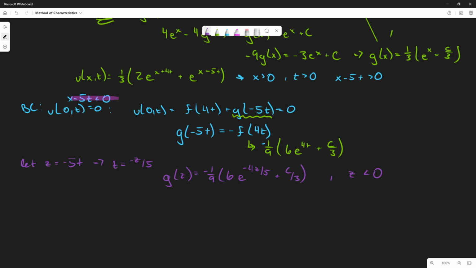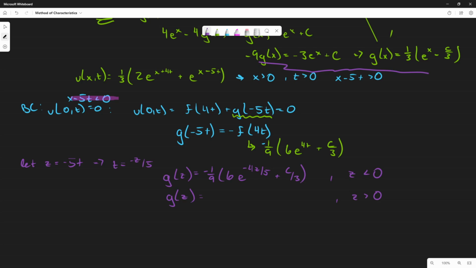And now if z is greater than 0, then g of z is going to be equal to the same thing that we found in the first solution for g of x, which would be this portion right here.